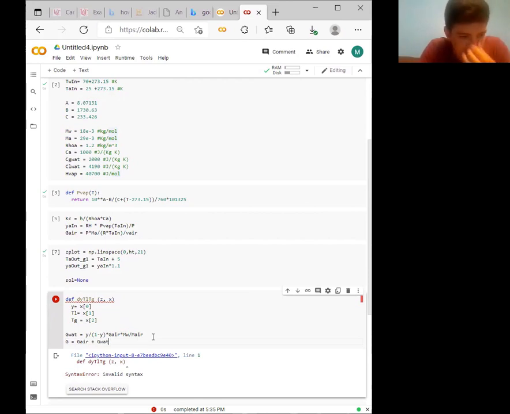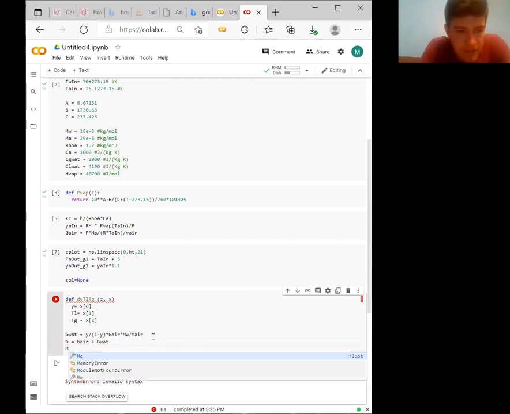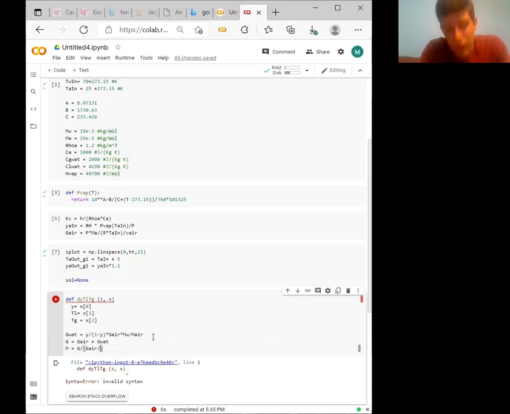And then I'm going to find the molecular weight of the entire system.